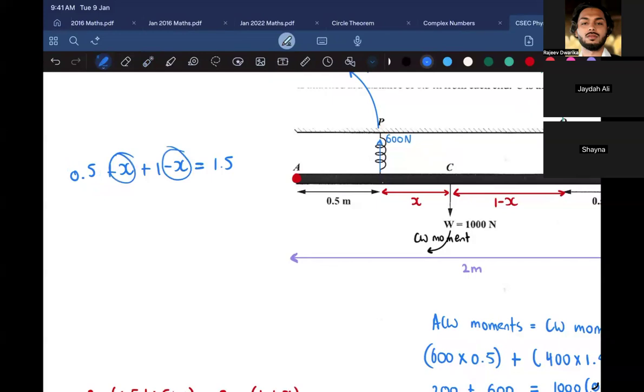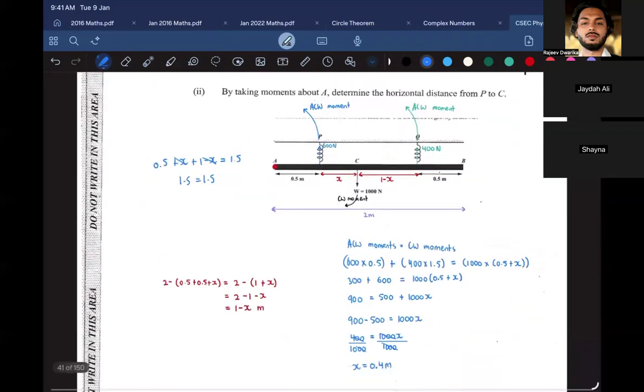It's x minus x, so it'll be 0. The x is gonna cancel off. 1 plus 0.5 is 1.5. It's not gonna help you. You're just gonna get 1.5 is equal to 1.5. That's not gonna help you find x. So I guess the only thing you could do is to apply moments.